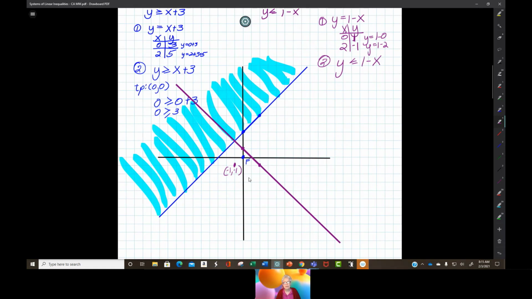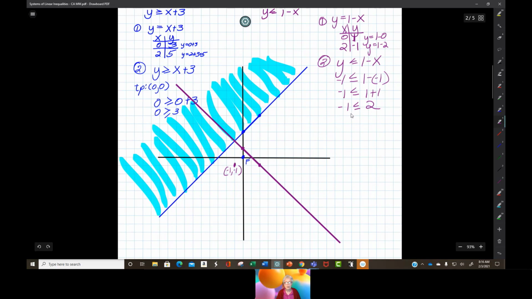Notice it's just easier if your X and Y are the same. They don't have to be, but I'm looking for easier. I'll have negative 1 is less than or equal to 1 minus negative 1. So negative 1 is less than or equal to 1 plus 1. So negative 1 is less than or equal to 2.